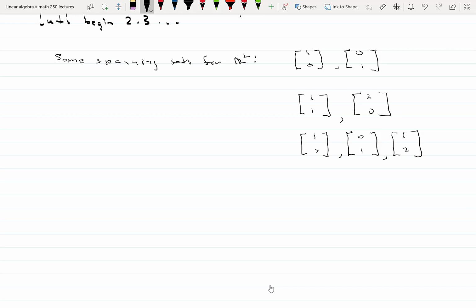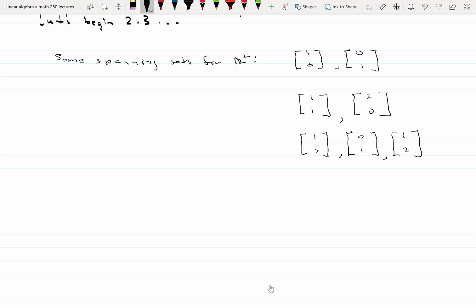Okay, it seems like we have somehow too many vectors in that set. I don't know why we'd call it too many, but it seems like if we could have fewer vectors in our spanning set, that would be more efficient. I'm letting a cat out of the bag really early. It is more efficient to have a fewer number of vectors in your spanning set.